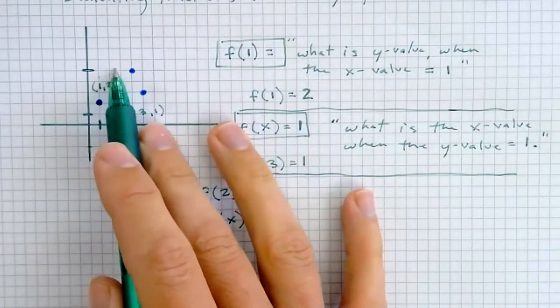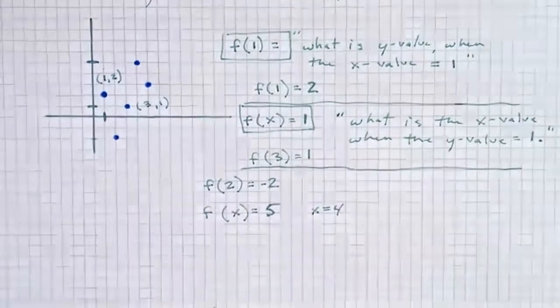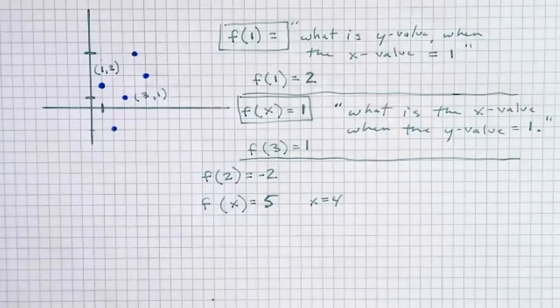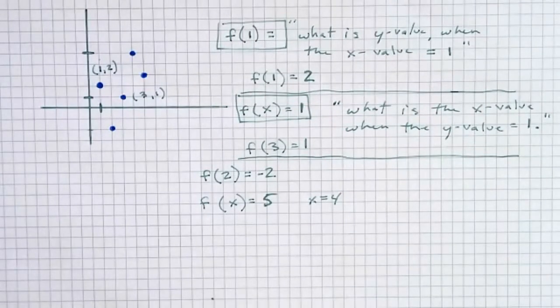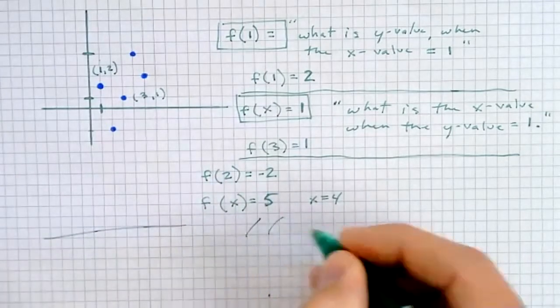Our x value is 1, 2, 3, 4. So x would equal 4 in that case. So we could give it to you like points like that, or we can actually give you a graph.